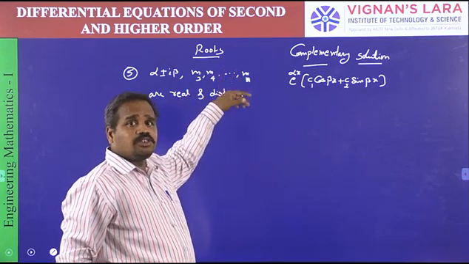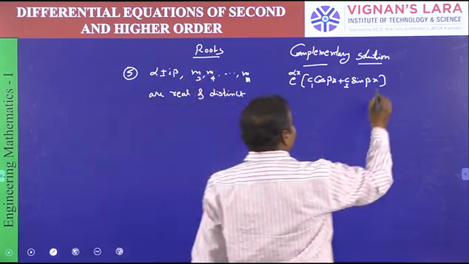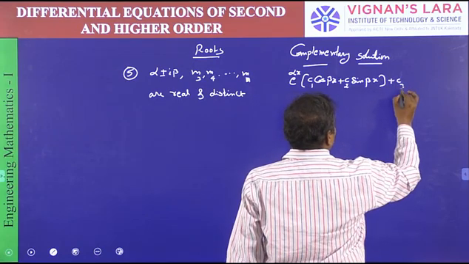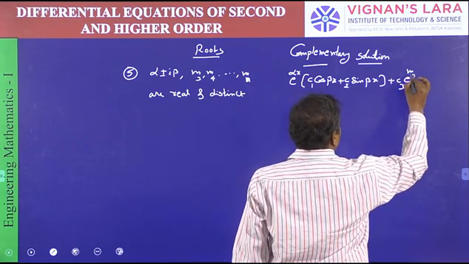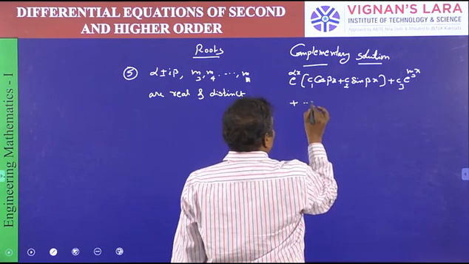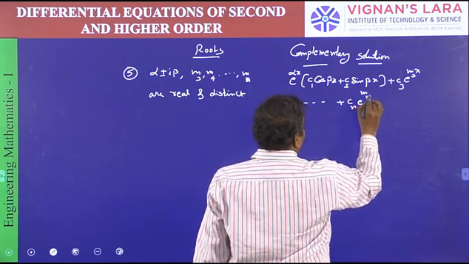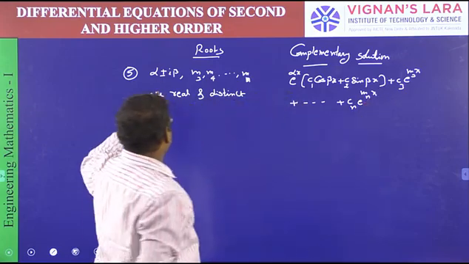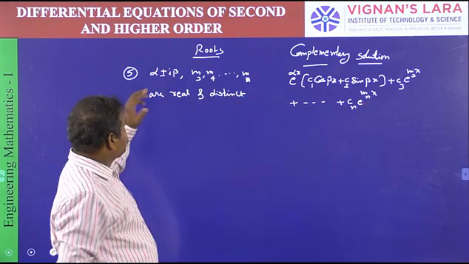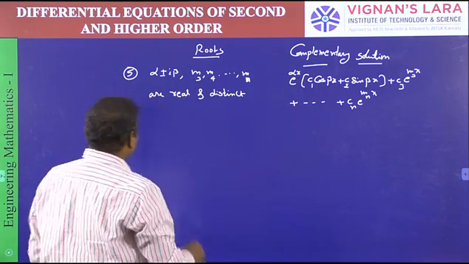Remaining roots are real roots, so the corresponding solution is c3 e^(m3x) plus and so on plus cn e^(mnx). Here two roots are complex roots, alpha plus or minus i beta.